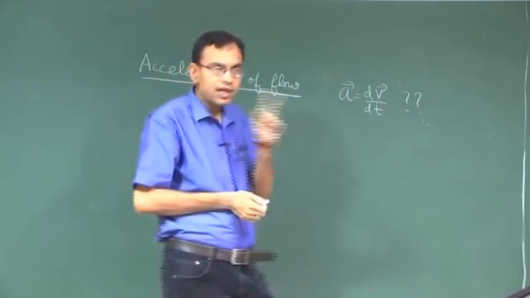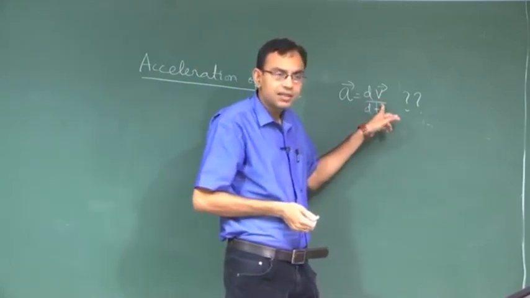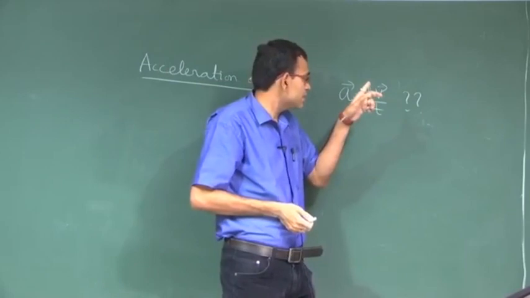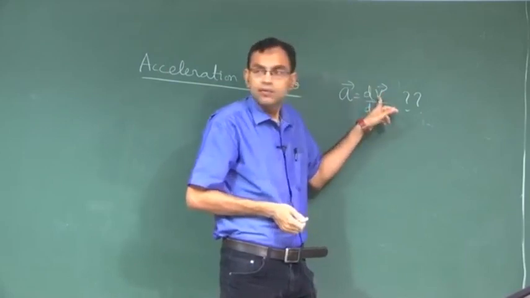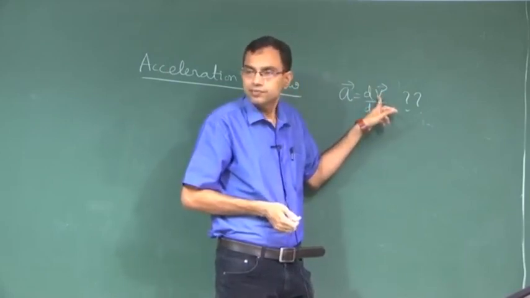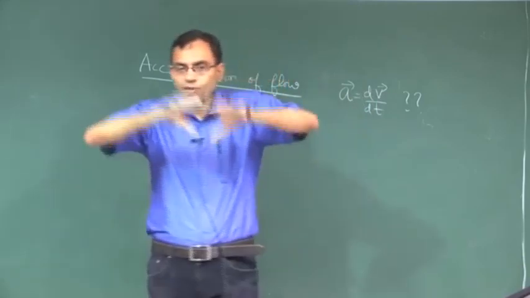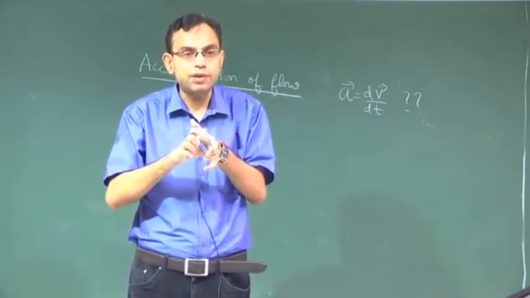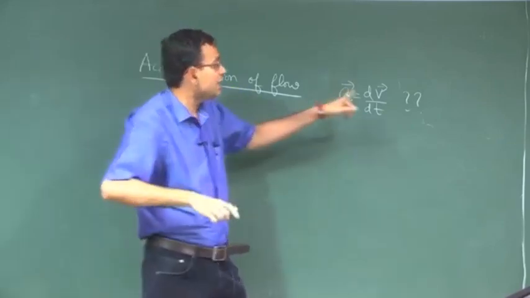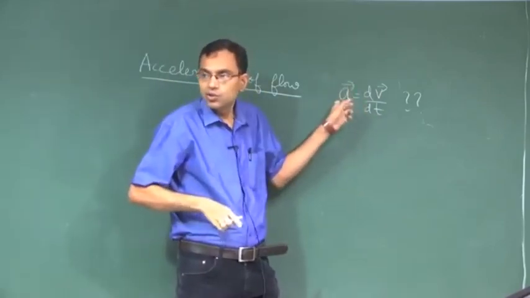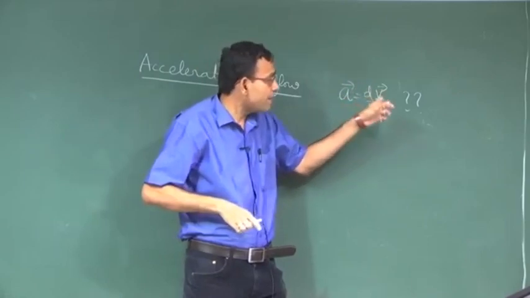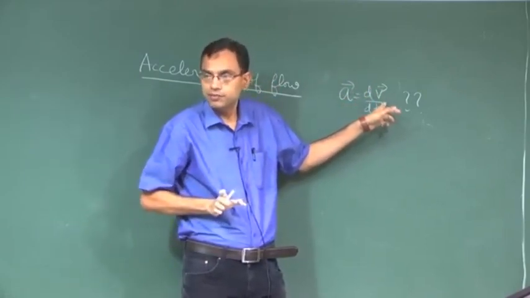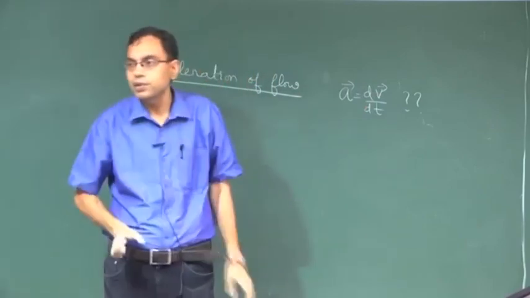The first thing is that we can write this if the velocity is described from a Lagrangian perspective, but in a flow field you are describing the velocity from an Eulerian perspective. So, what is that equivalent equation which will include parameters from the Eulerian perspective and not from the Lagrangian perspective? That is why you require a separate derivation.